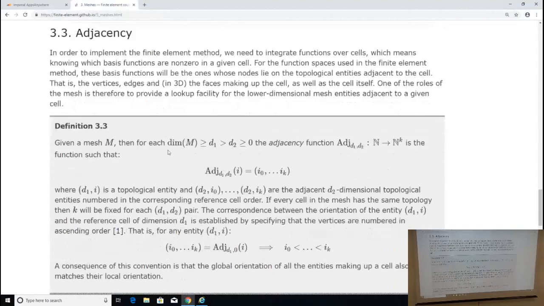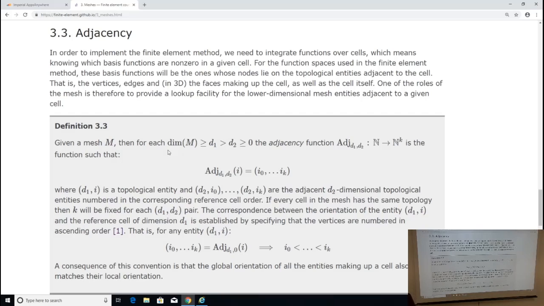Okay, so as I mentioned earlier, what we care about in meshes is what's next to what, so adjacency. And that's the critical thing here, and adjacency is in fact a function. The adjacency function tells you which things of lower dimension than you are next to you. You can expand your definition of the adjacency function to also go in the other direction.